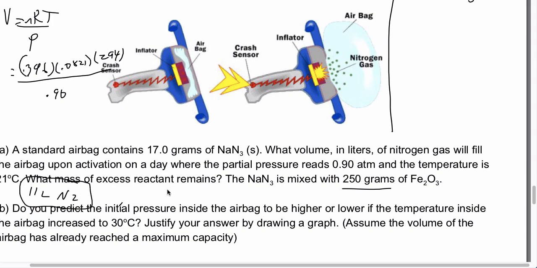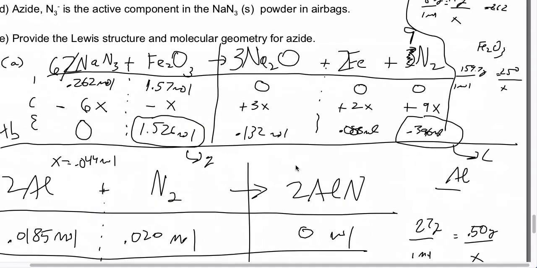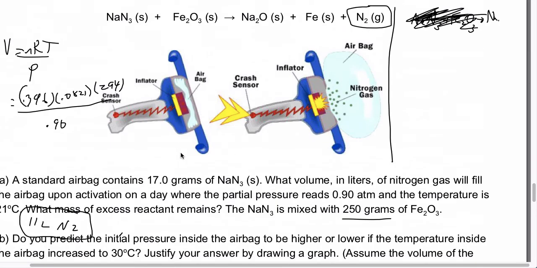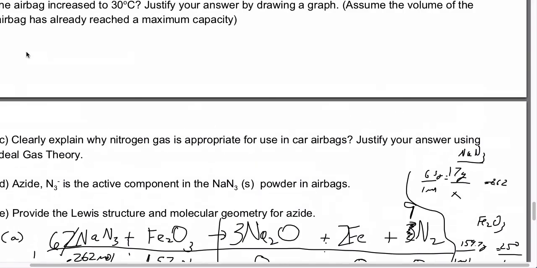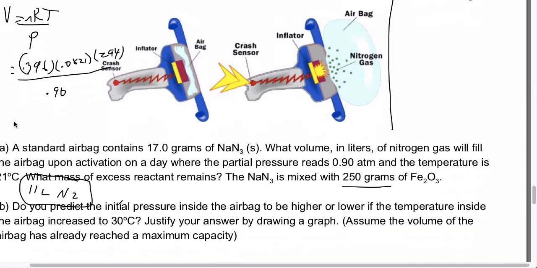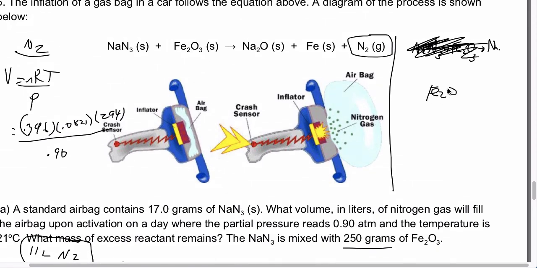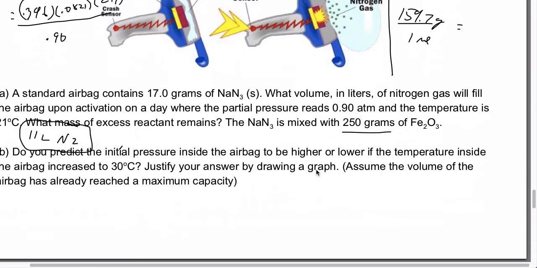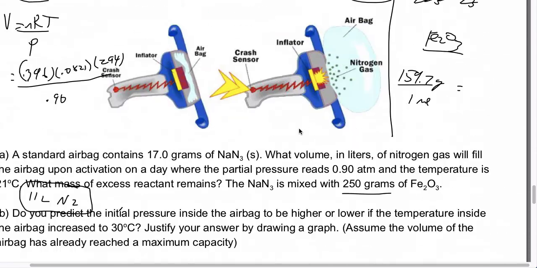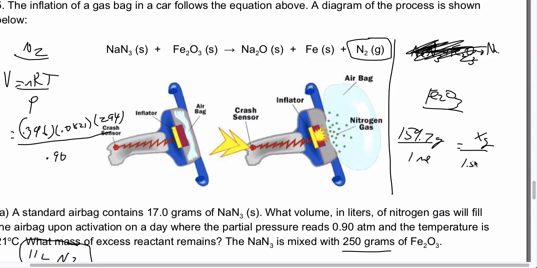11 liters of N2. Mass remaining, okay, so we have that Fe2O3. We know that the molar mass of Fe2O3 is 159.7. So the Fe2O3, 159.7 grams in every 1 mole, equals 1.526 moles, so X grams. 1.526 times 159.7 equals 243.